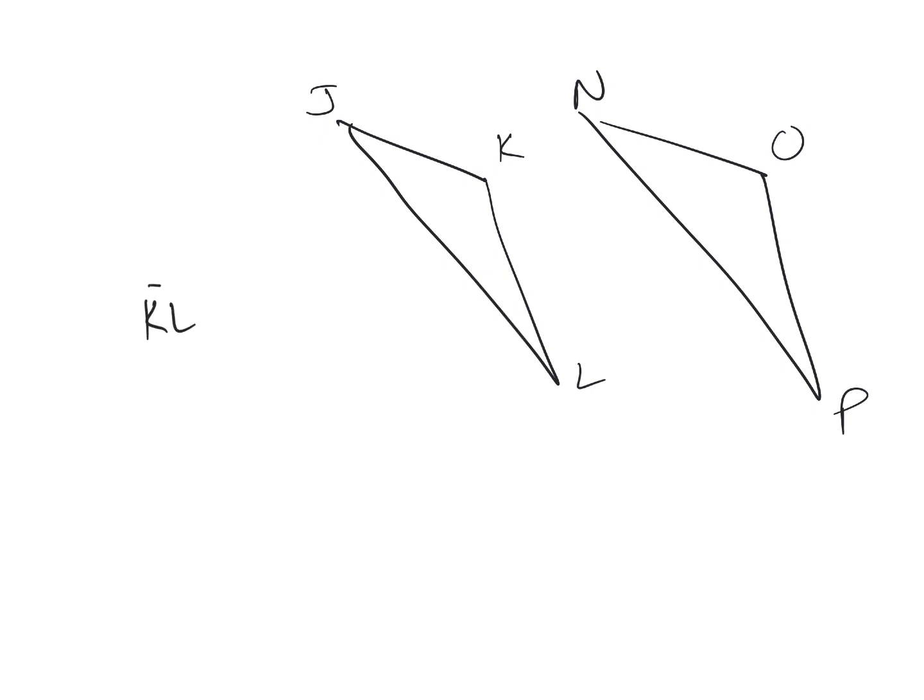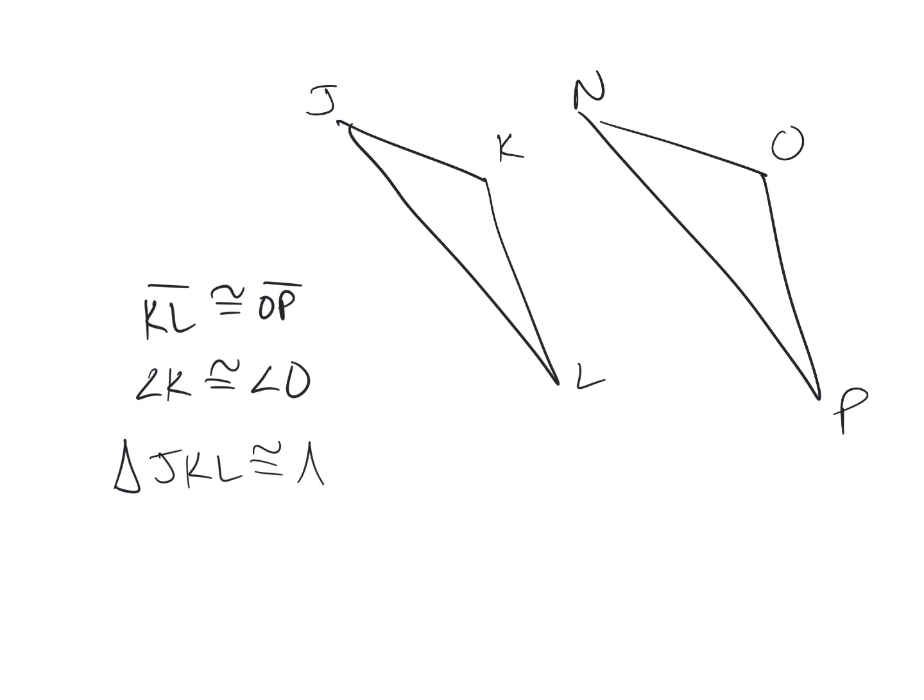So some things they gave us. KL is congruent to OP. Angle K is congruent to angle O. Okay, so prove that JKL is congruent to NOP by angle side angle.